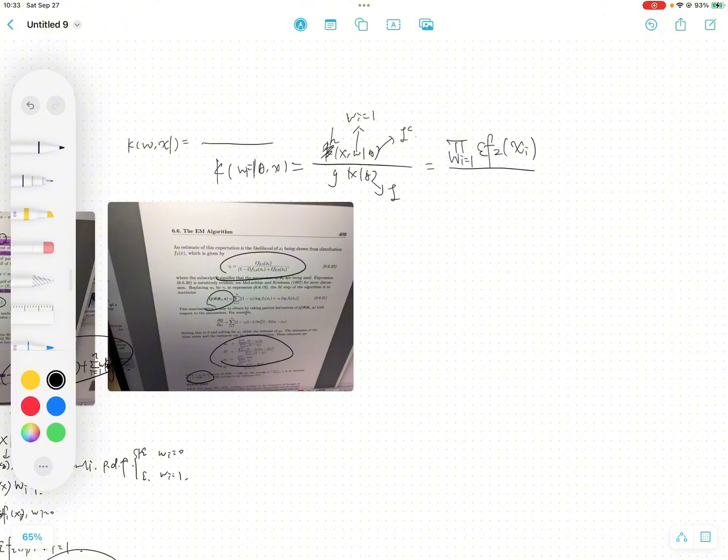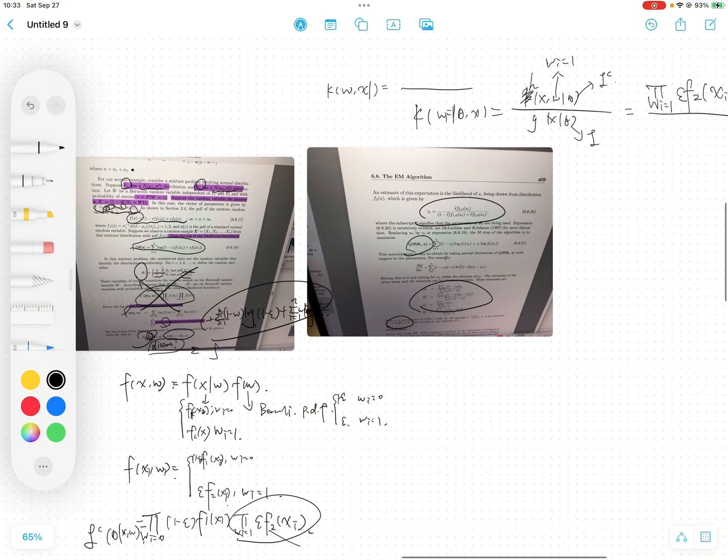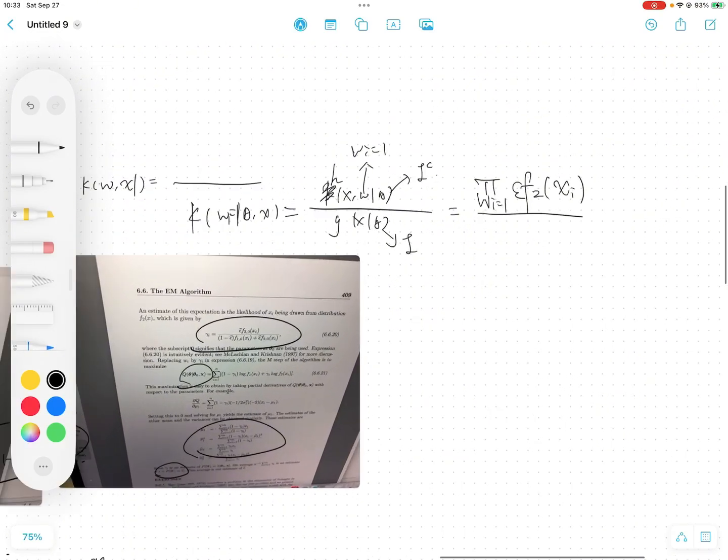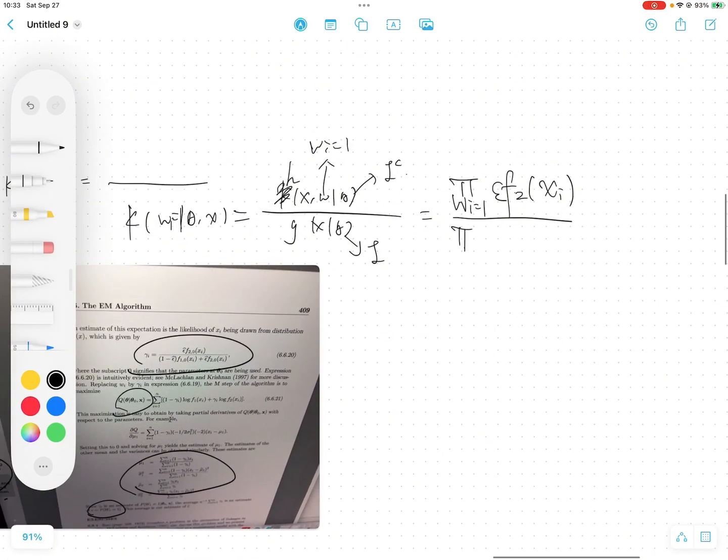Here the observed likelihood function is not relevant to w. We just do the multiplication.